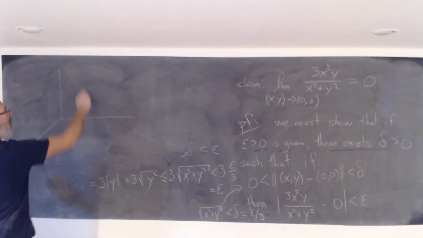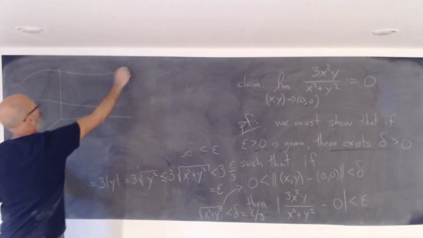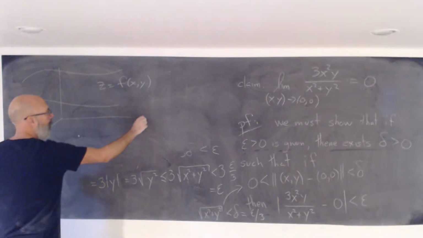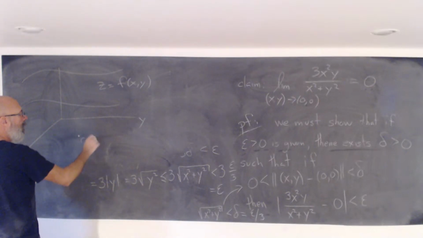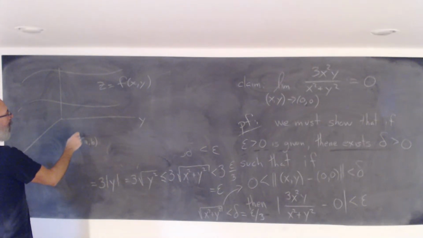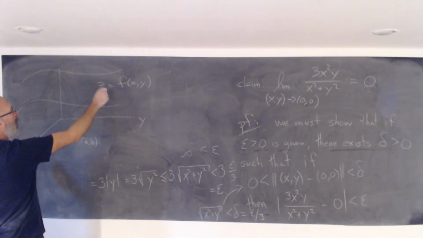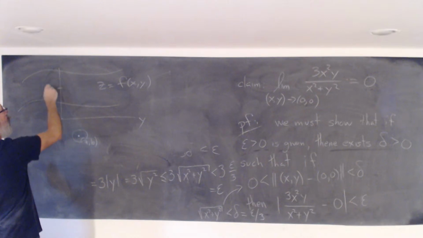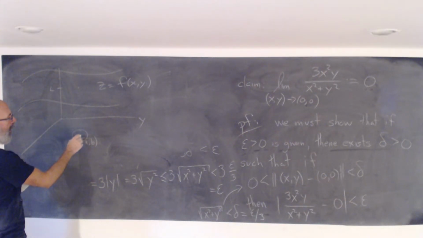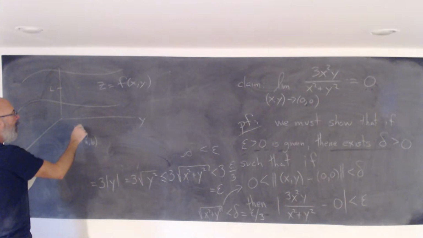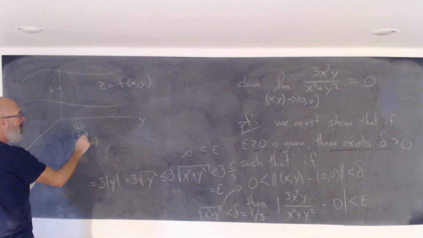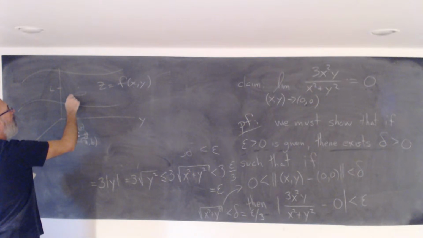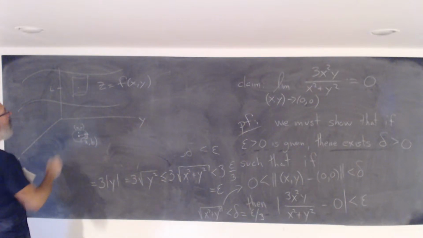We're saying that if you have some function hovering above, and if this is the point (a, b), as x and y get close to (a, b), the function should be close to some limit L, meaning that if you take any point (x, y) in the disk of radius delta, then everything should map essentially to some cylinder.